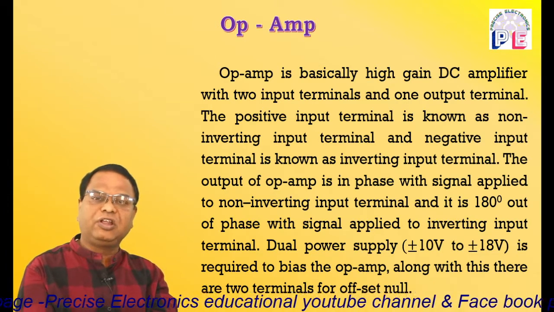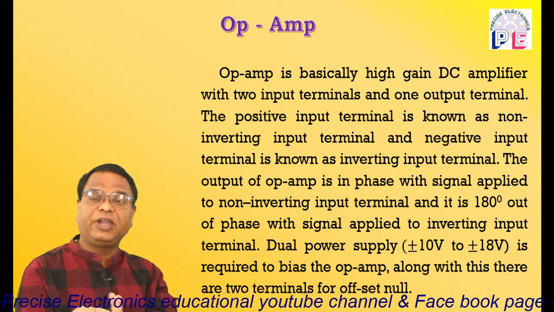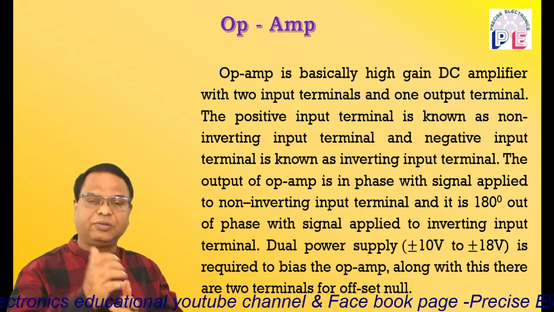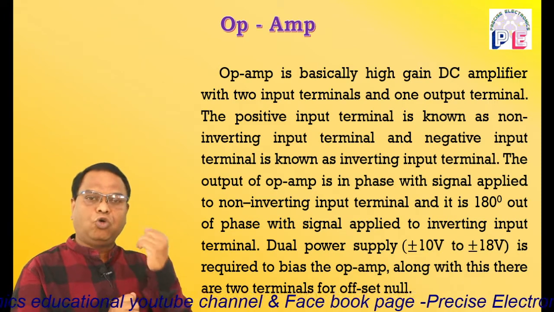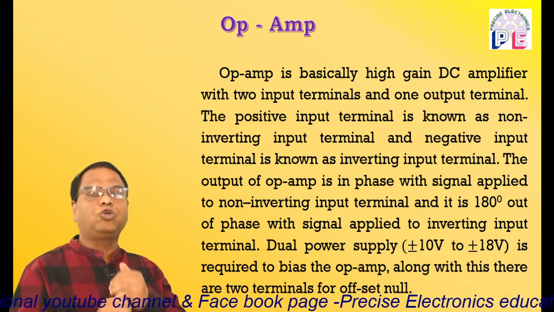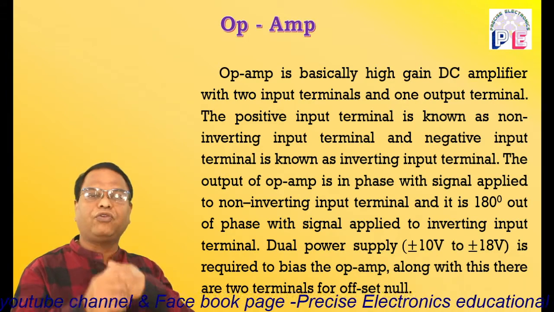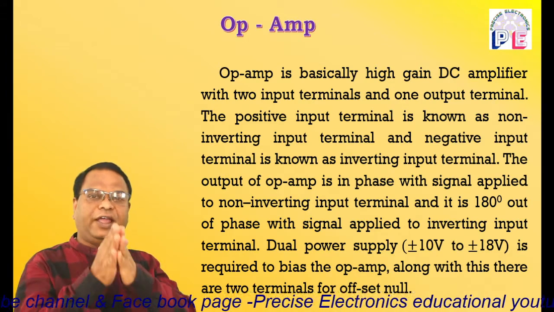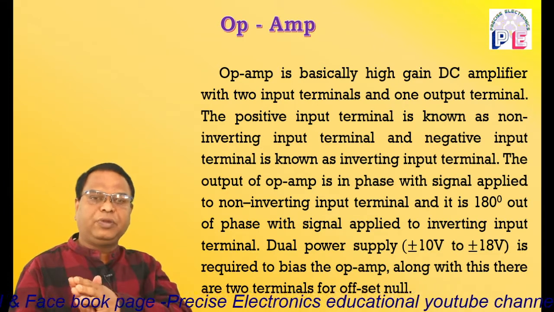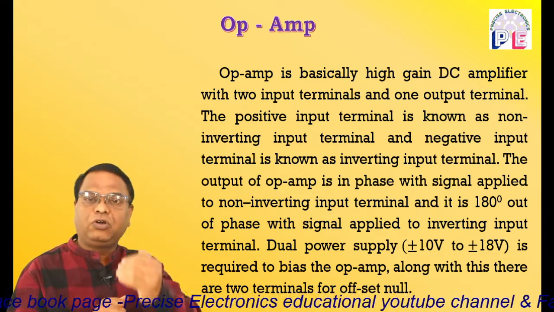The positive input terminal is known as non-inverting input terminal and the negative input terminal is known as inverting terminal. Output is in phase with the input or it is 180 degree out of phase with the input.